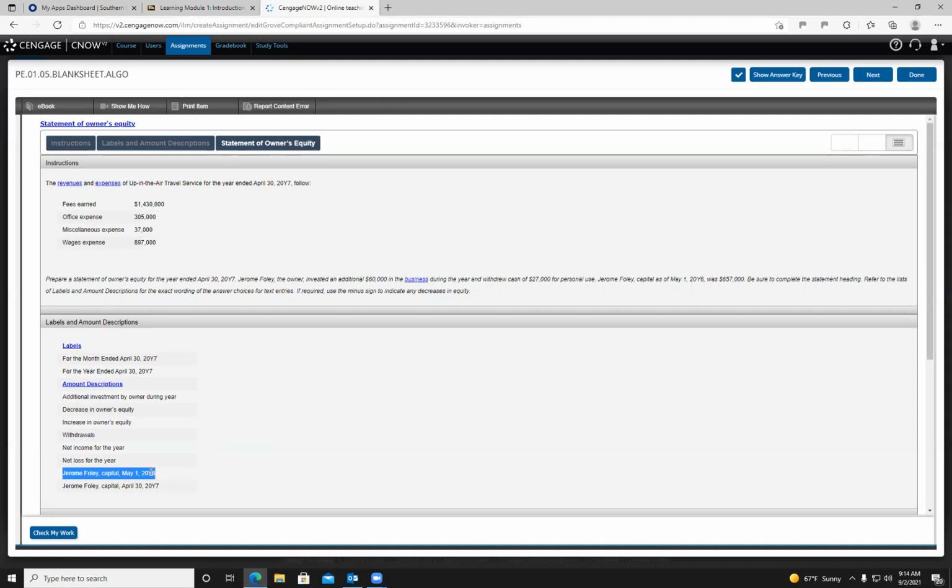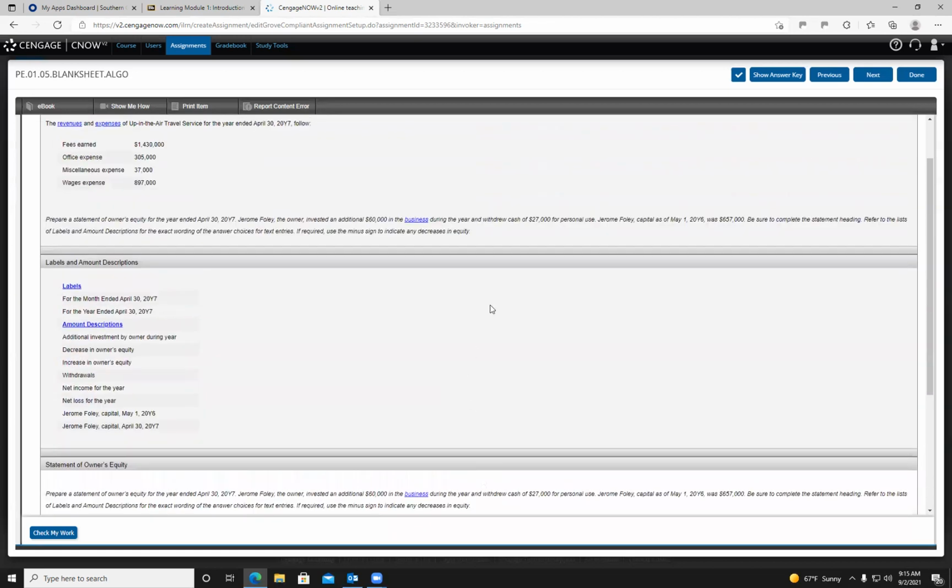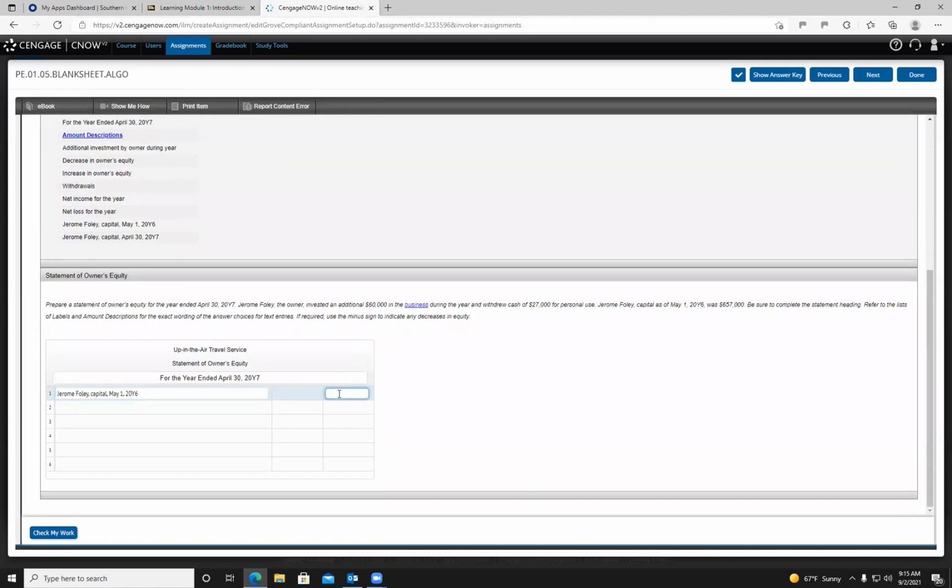So we would take the capital for the previous year, and that's what we start out with. So it tells us up here that Jerome Foley capital as of May 1st, 2006 was 657,000. So that's what we would plug in.